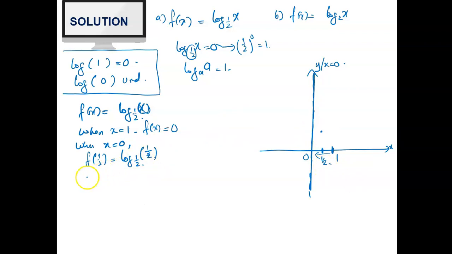And then you may press the calculator when x, let's say 2, 3, 4, 5, okay, x equal to 3. Log 3 to the base of half. For this one, let me try.